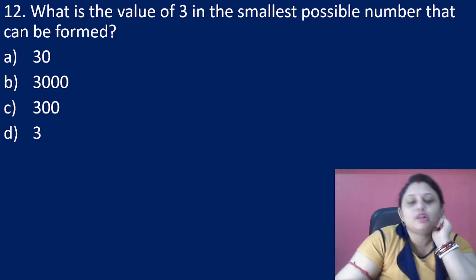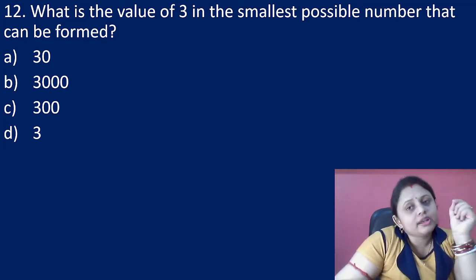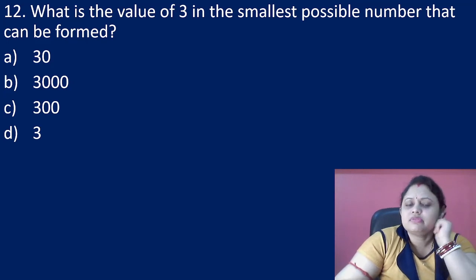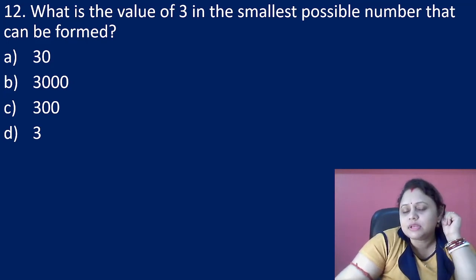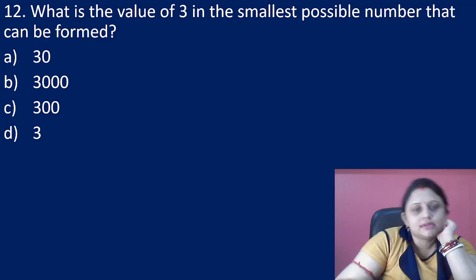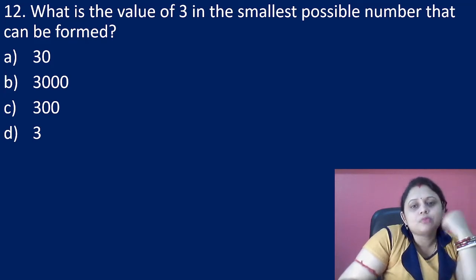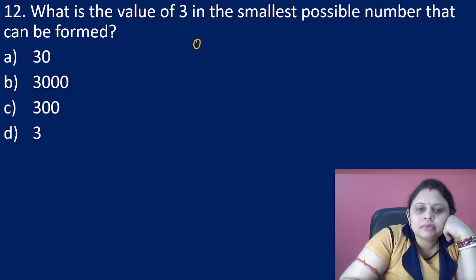What is the value of 3 in the smallest possible number that can be formed? Smallest possible number means when 3 forms the smallest possible number, it will be present in ones place.